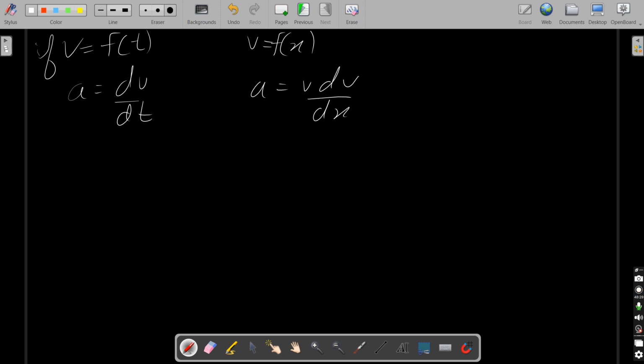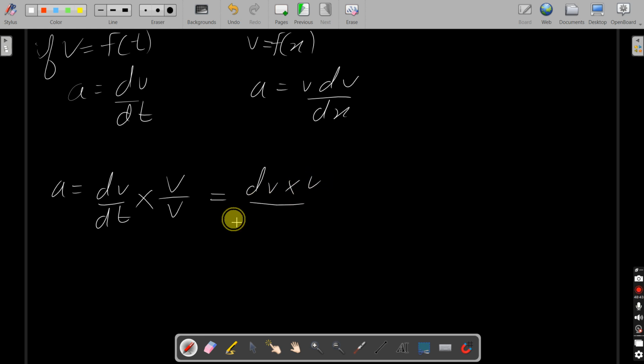So let's solve this. a is equal to dv upon dt. If we multiply by dx in the denominator and numerator, we get dv upon dx multiplied by dx upon dt, because velocity is dx upon dt.